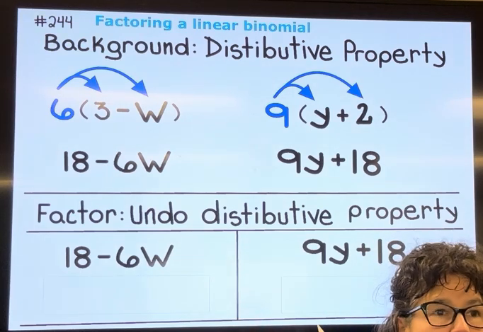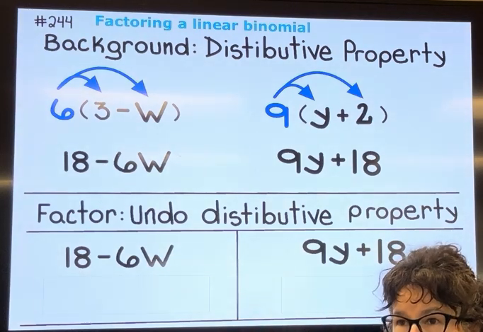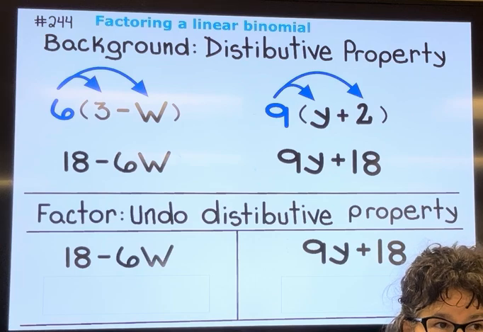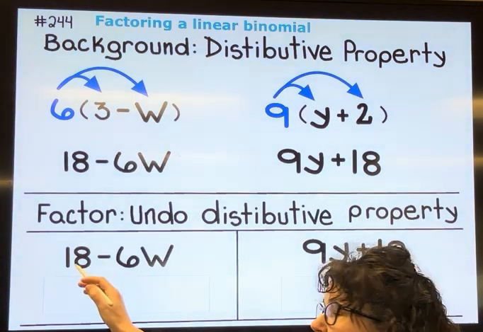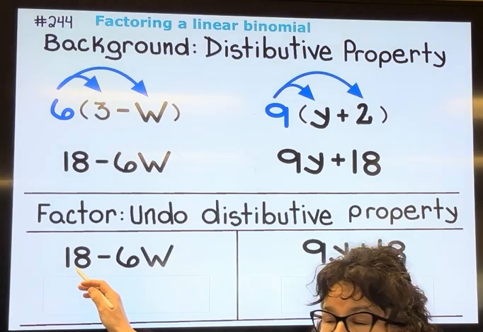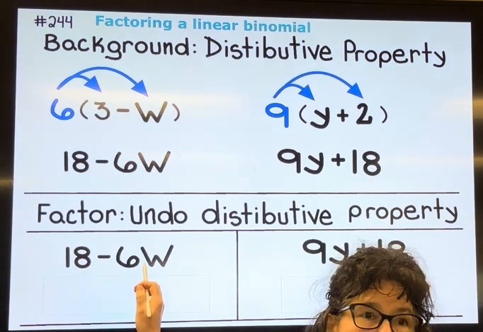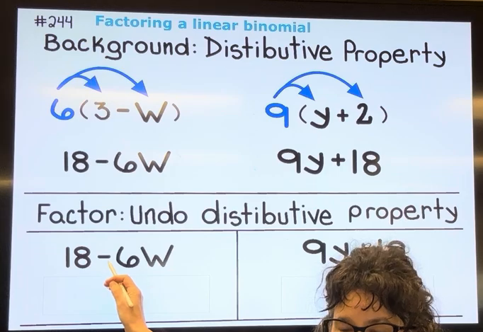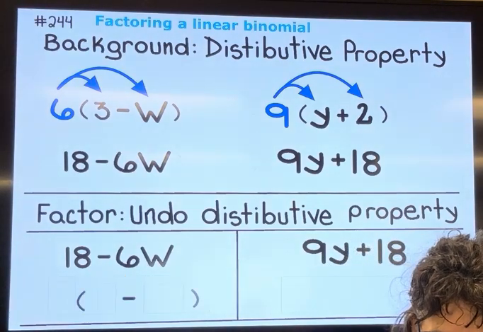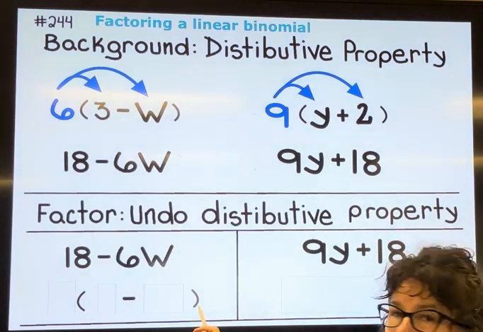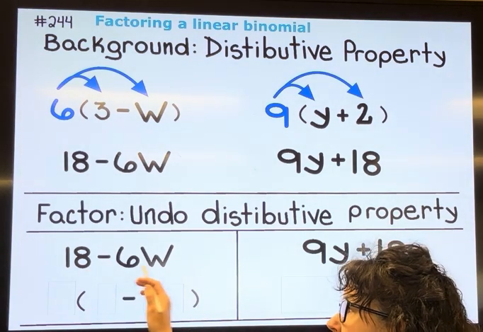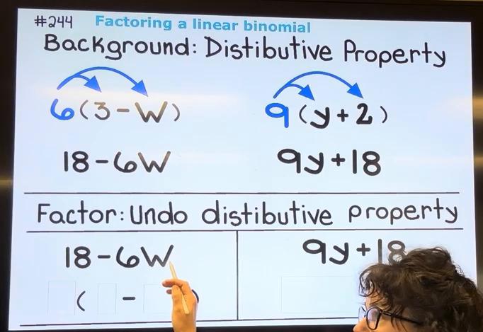I'm going to show you how you can do this as well by expanding if you get stuck because of your multiplication facts. But in this particular case, you're just asking yourself, what is in common before and after the minus sign? So I'm going to put a minus sign here and a set of parentheses, and we want to take out whatever's in common.